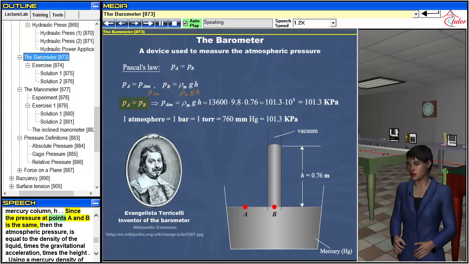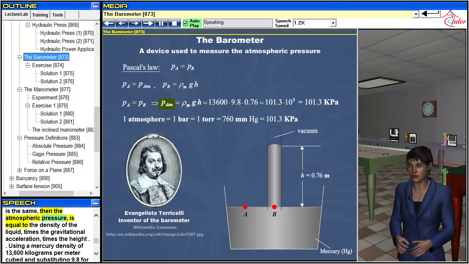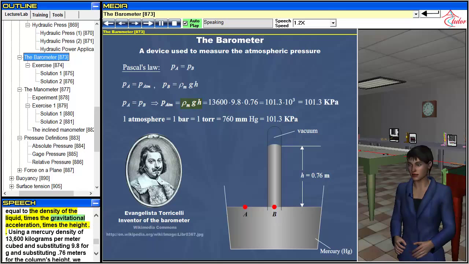Since the pressure at points A and B is the same, then the atmospheric pressure is equal to the density of the liquid times the gravitational acceleration times the height.